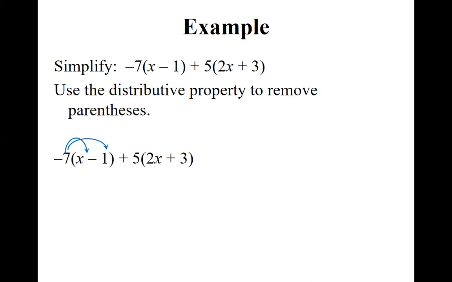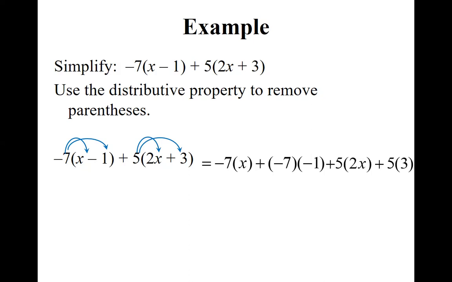Negative 7 times x plus negative 7 times negative 1. Then we distribute the positive 5 through its parentheses. Plus 5 times 2x plus 5 times 3.